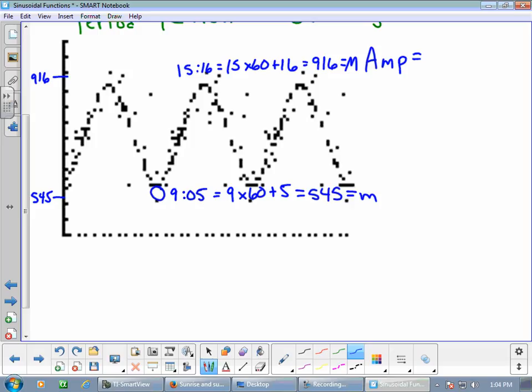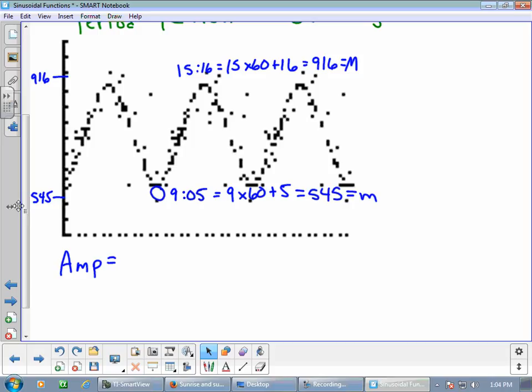Now, based on those two numbers, how do I find my amplitude? Okay, subtract them. That'll get me the distance between them, right? And divide that by 2.